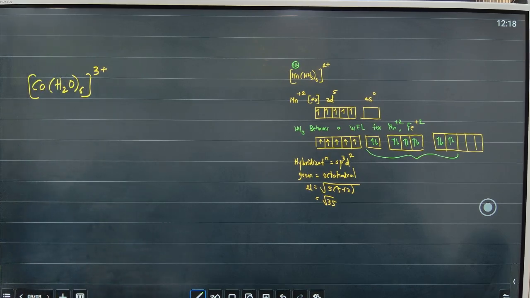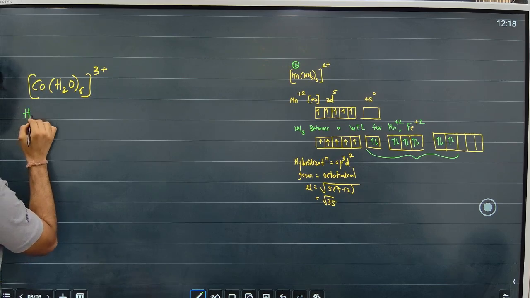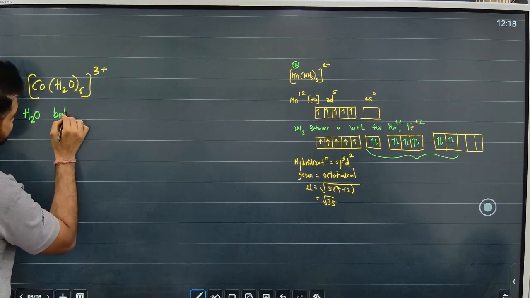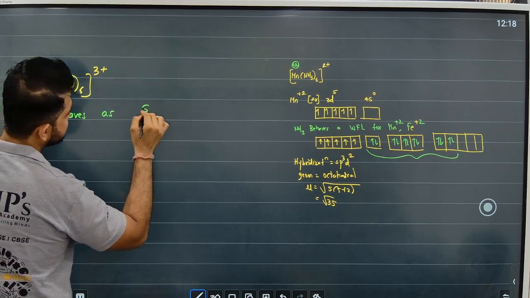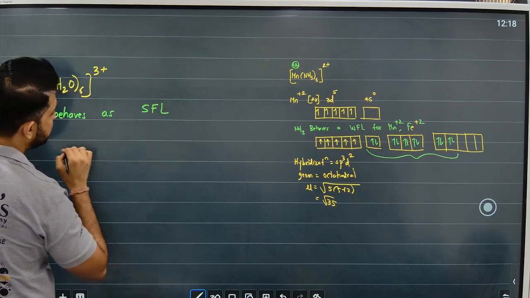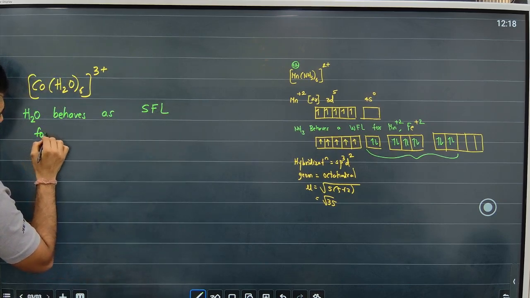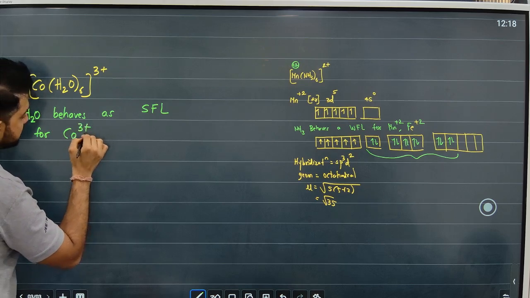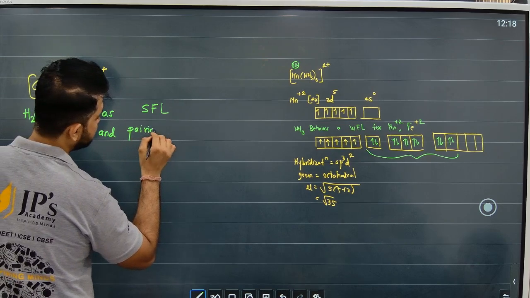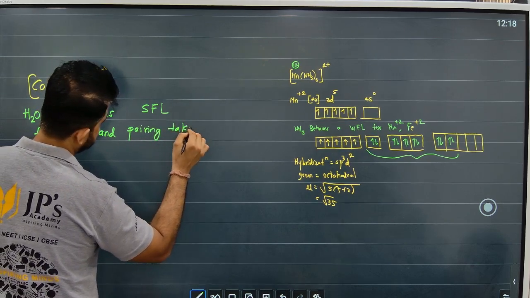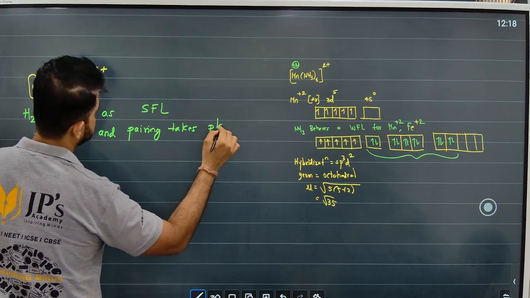Samjha? The reason is exactly the same as for the previous. H2O behaves as strong field ligand for Co3 plus and pairing takes place. समझा? क्या बात है.